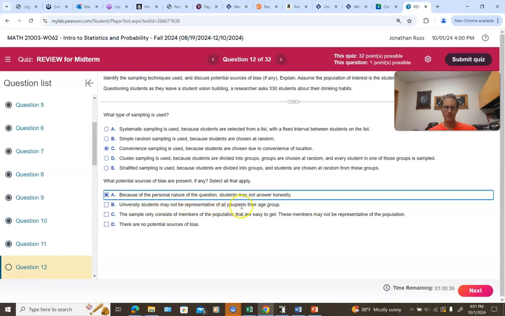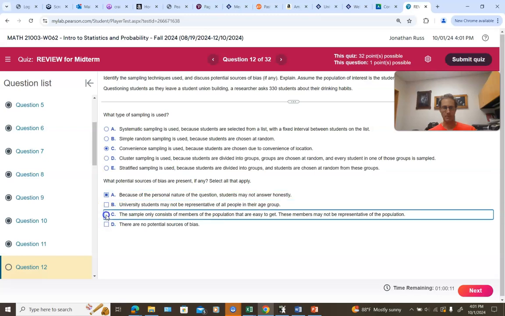You'll be careful with this one because the population here is just the student body. And then this says the sample only consists of members of the population that are easy to get. These members may not be representative of the population. I think that's a source of bias as well. So I think it's going to be A and C on this one.